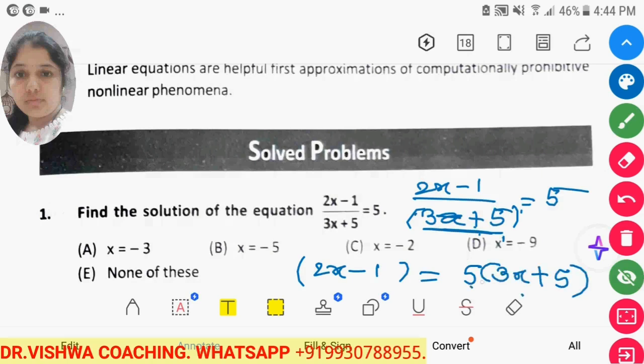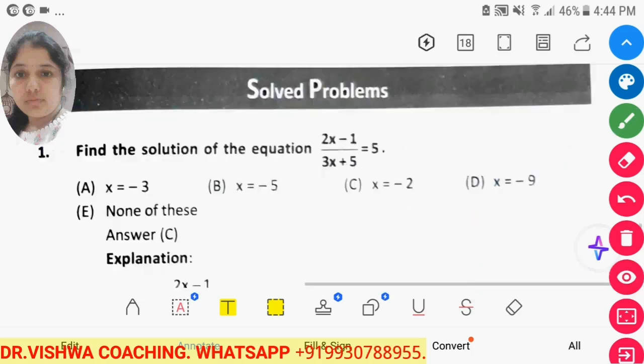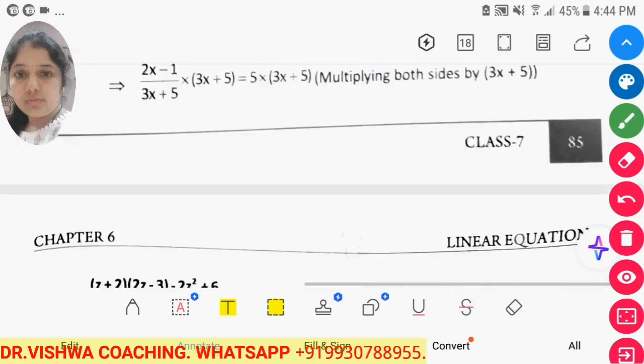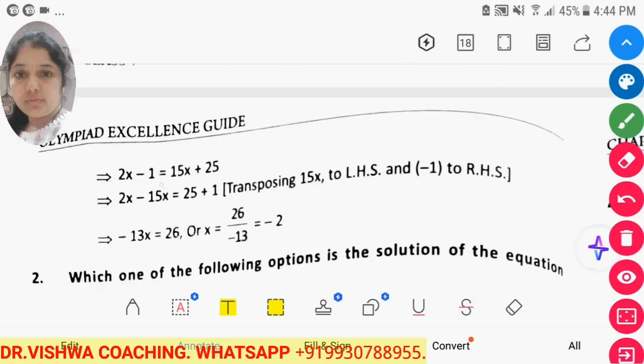Now multiply inside with the 5. After multiplying, we get 2x minus 1 is equal to 15x plus 25. Now bring the like terms to one side.